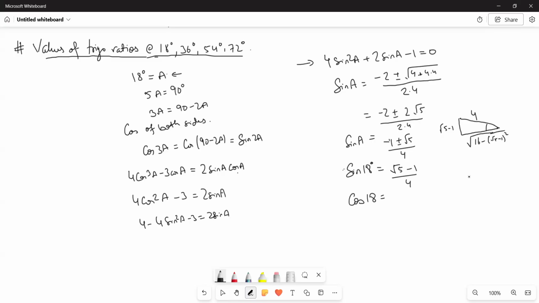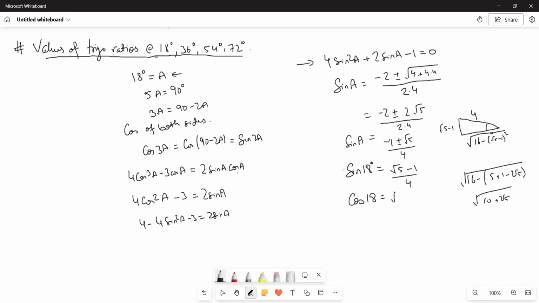ठीक है, अब इसको थोड़ा सा सॉल्व कर लो. So 16 minus (5 plus 1 minus 2 root 5) whole square. So that will be root over of 10 plus 2 root 5. ठीक है.